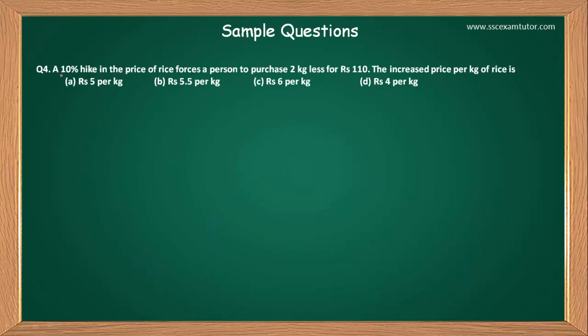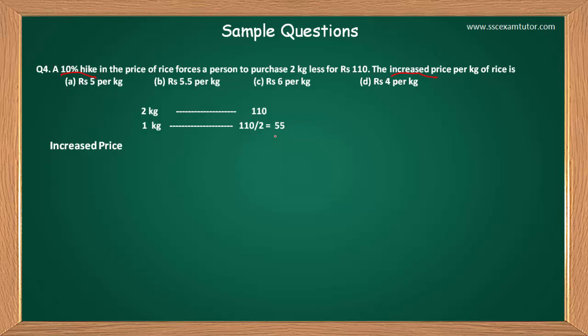Now this question starts with the hike. Okay, and I have already shown you the trick to solve the questions which starts with hike, but still explaining. Okay, so you are asked to find the increased price in this question. So the price of 2 kg is 110, so price of 1 kg will be 55.